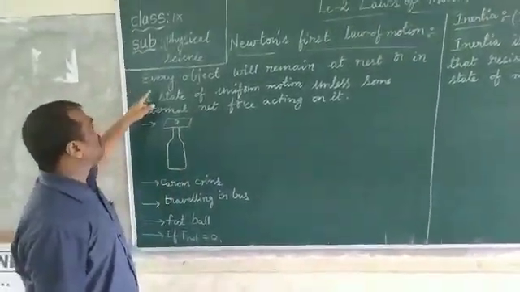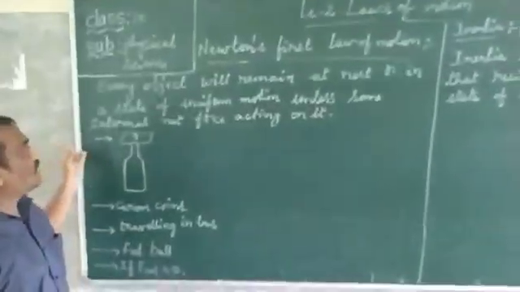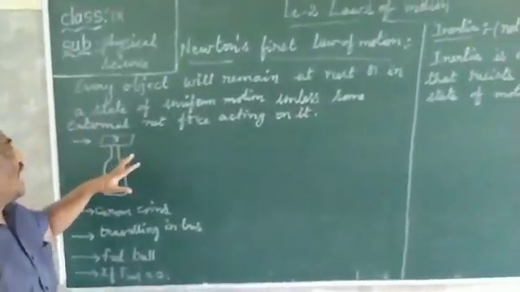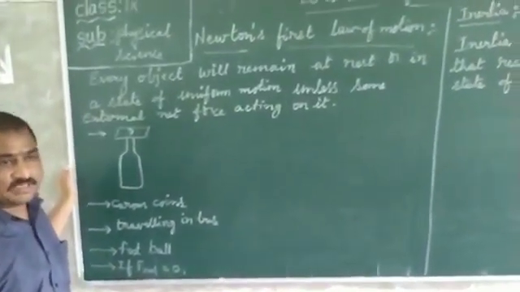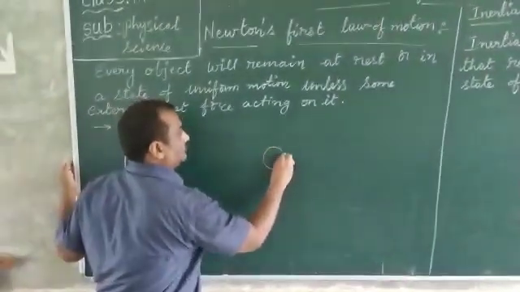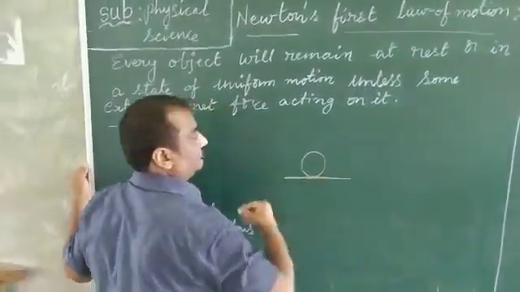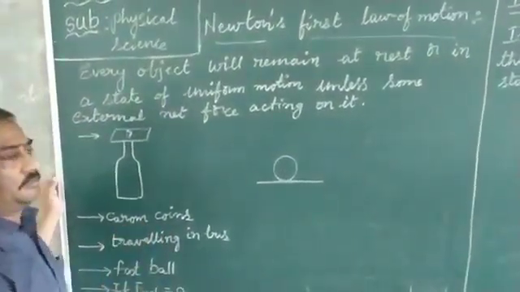Once again I will say that every object will remain at rest or in a state of uniform motion unless some external force is acting on it. For example, let us consider a ball on the floor. The ball is at rest.